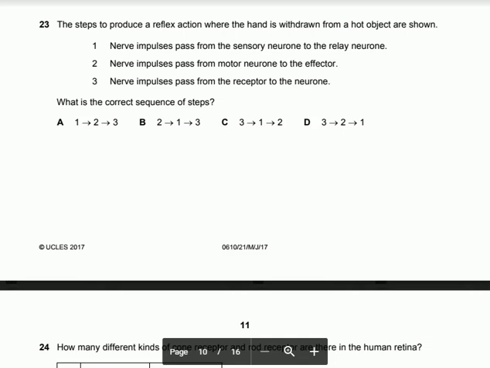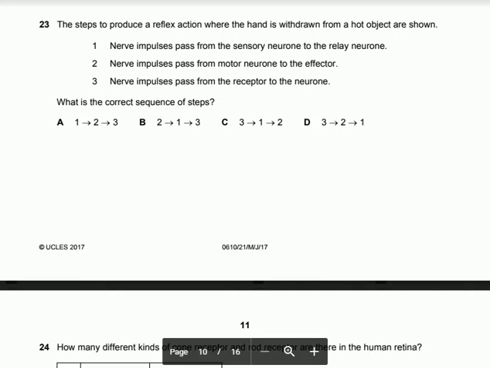Okay, so we need to do the correct order. It always goes from receptor to neuron, then from sensory neuron to the relay neuron, and from the motor neuron to the effector.